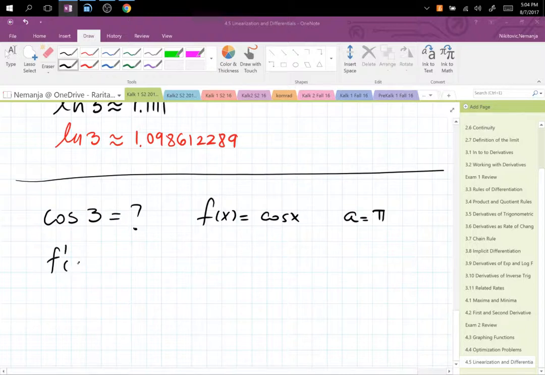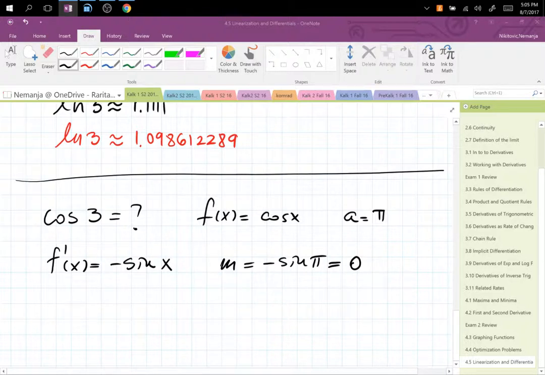So the first derivative of cosine is negative sine x, and we are calculating this at pi. So m equals what? Negative sine of pi, which is 0.